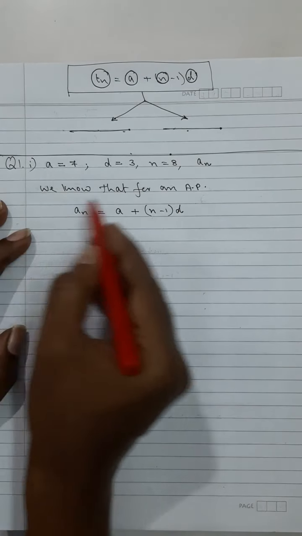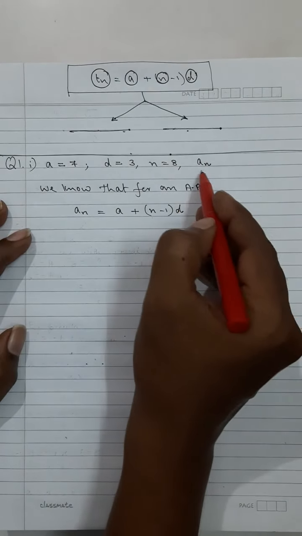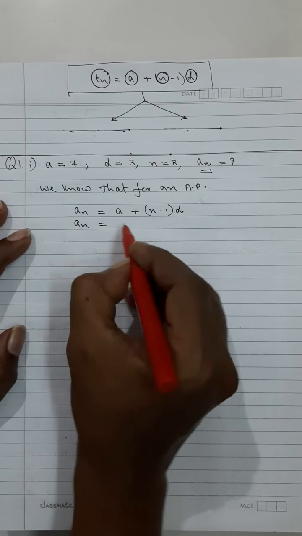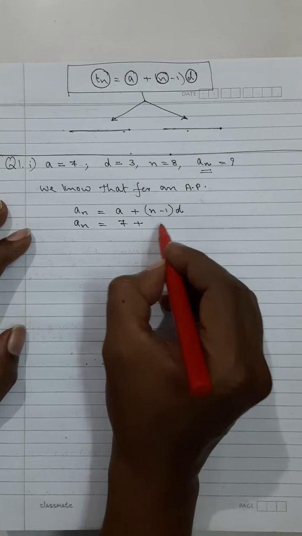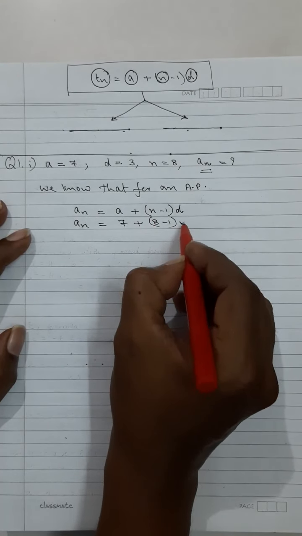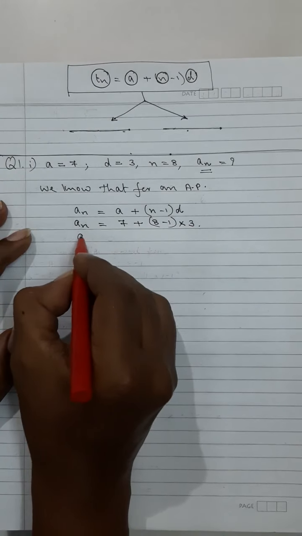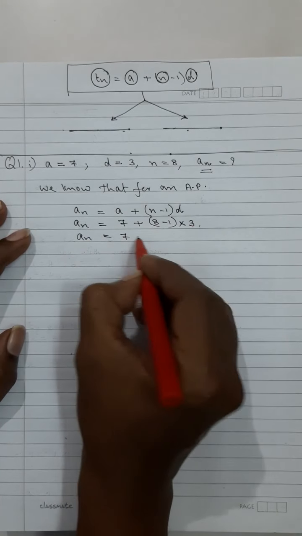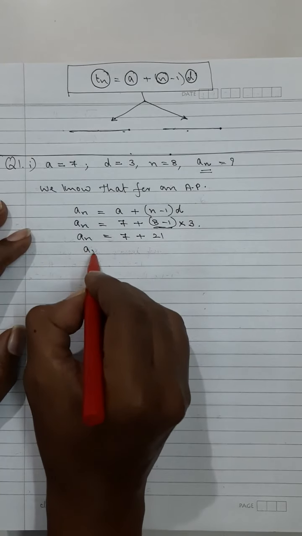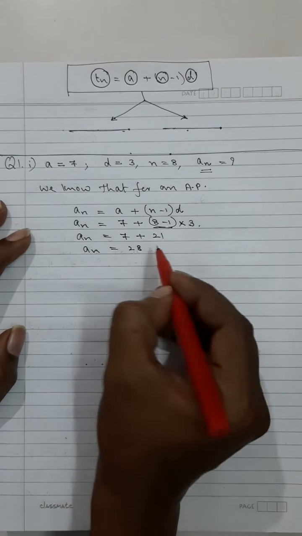Substitute these values over here. 1, 2, 3 are known, so you will be able to find An. An is 7 plus 8 minus 1 into 3. So An is equal to 7 plus 7 times 3, 7 threes are 21, so An is 28.